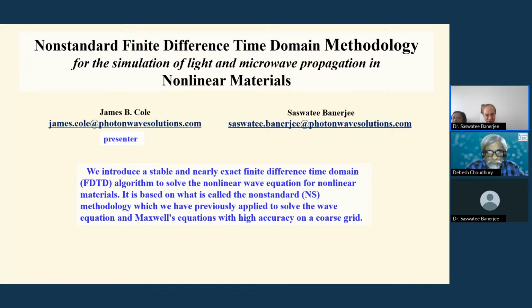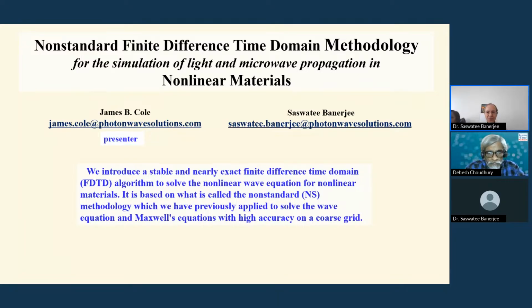The non-standard is very similar to the ordinary FDTD, except that the parameters are slightly different, and this difference makes it much more accurate and somewhat faster. I'll show you some of the details.